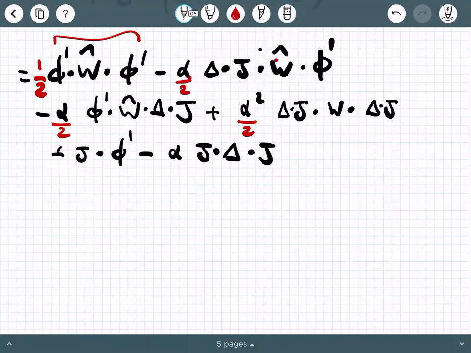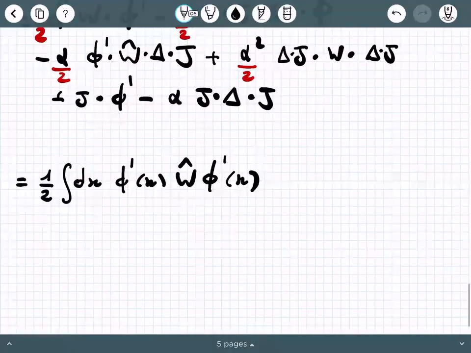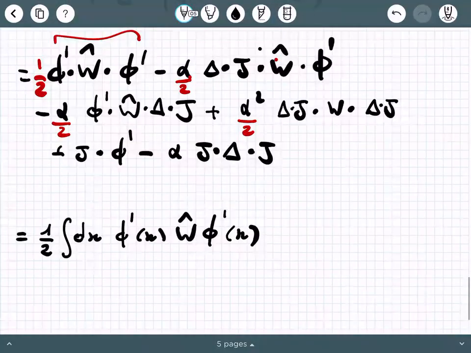So let me go back and continue my writing. Now I'm going to write this explicitly back and say this is the integral dx of phi prime of x W phi prime of x, which is the old theory now rewritten in terms of the phi prime.